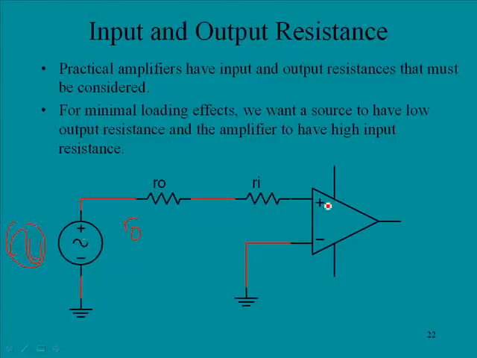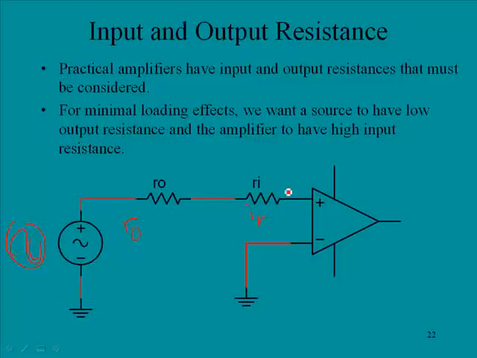Likewise, here we have an amplifier, and this is indicating an operational amplifier. Amplifiers have an input impedance, so here we have R_i, where the i is for input and the R is for resistance or impedance. As a rule, you want output impedance to be very small and input impedance to be very large.